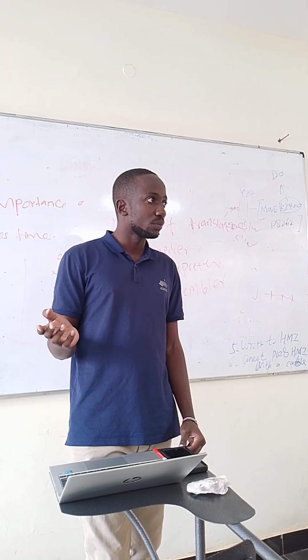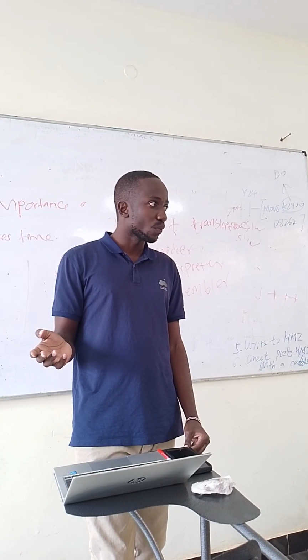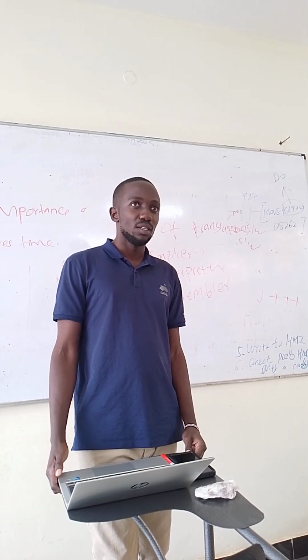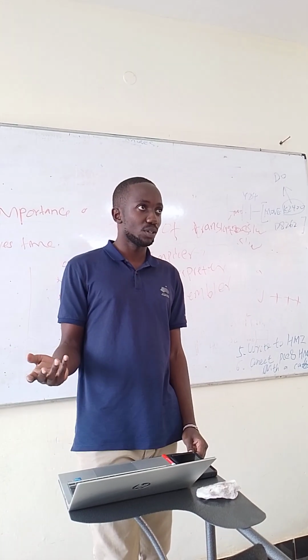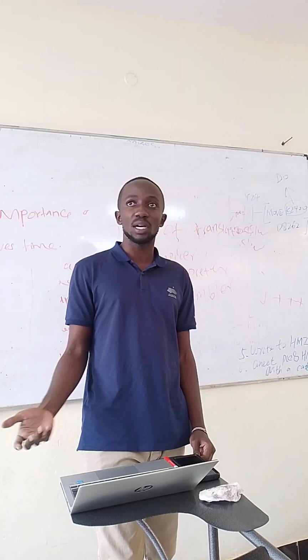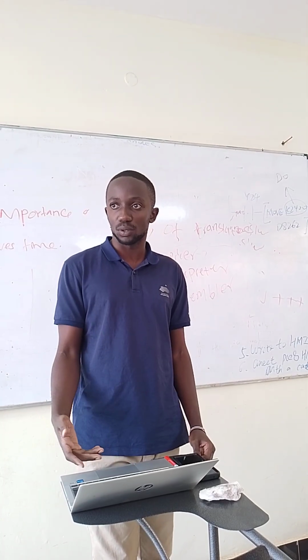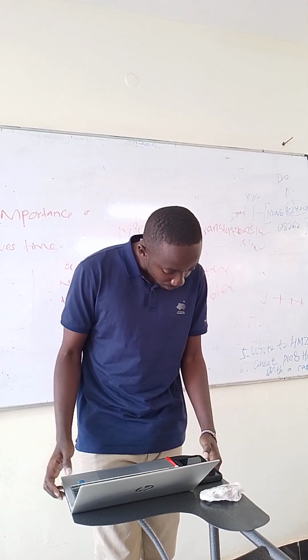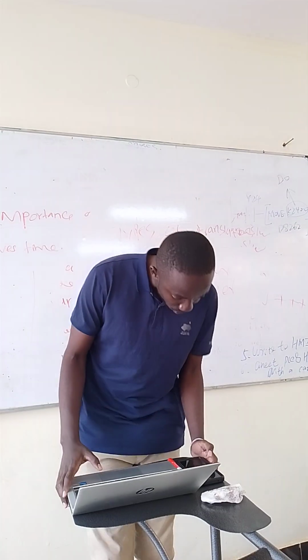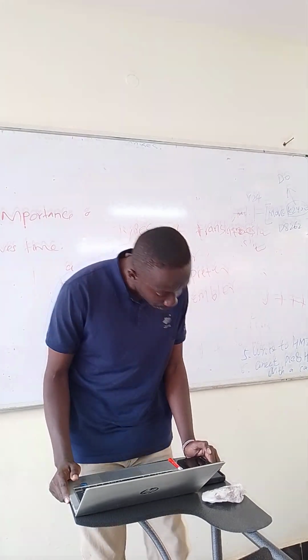Hardware. Hardware or software? Software. It can be both, right? Because it could be hardware, maybe the screen has crashed, or software, maybe something has made it go black. Yeah, it can be both. So after you've isolated the cause, the third step is to apply a solution.